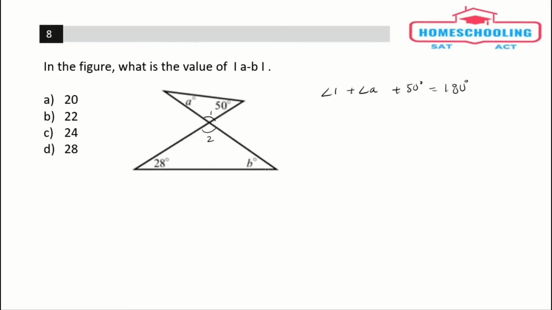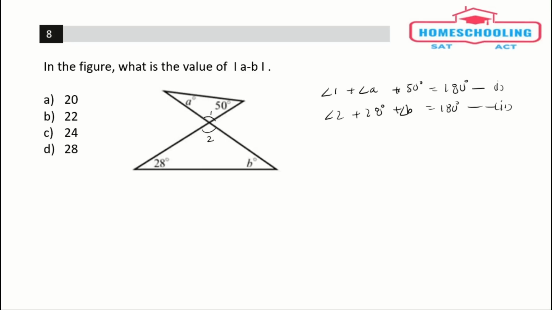Similarly, if you take this triangle, angle 2 plus 28 plus angle B is 180 degrees. So this is equation 1 and this is equation 2.